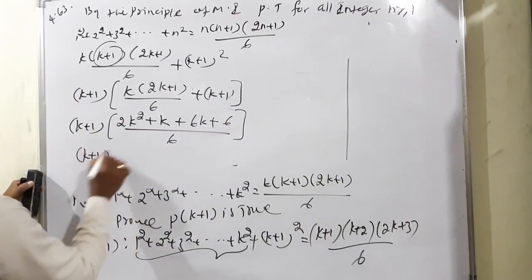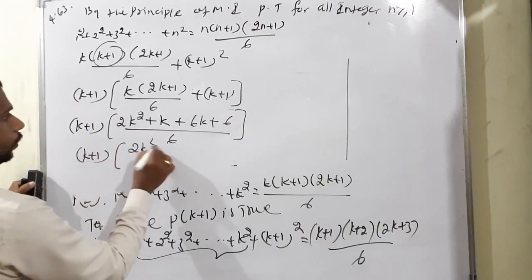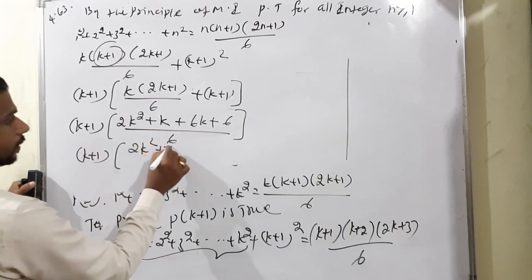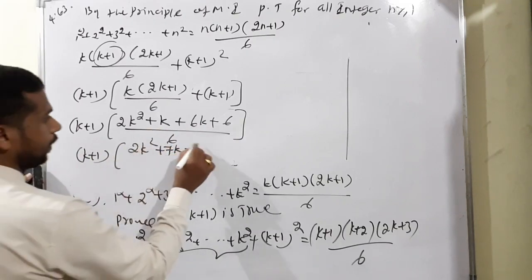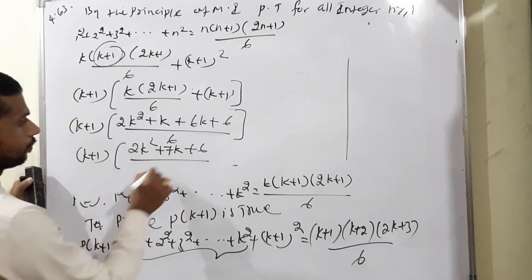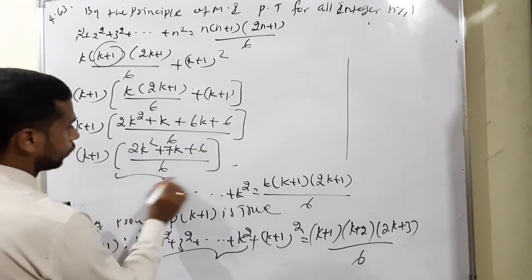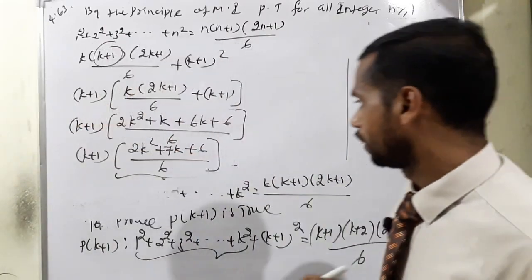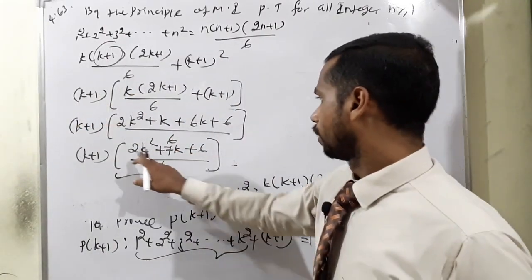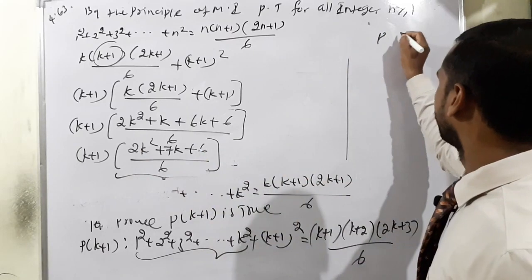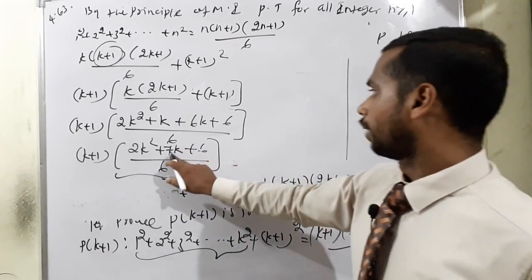Again k plus 1, then 2k square, 6k plus k is positive 7k plus 6, divided by 6. This we can factor using the sum product rule. Product means 2 into 6, 12, isn't it? So product is 12, sum is 7.